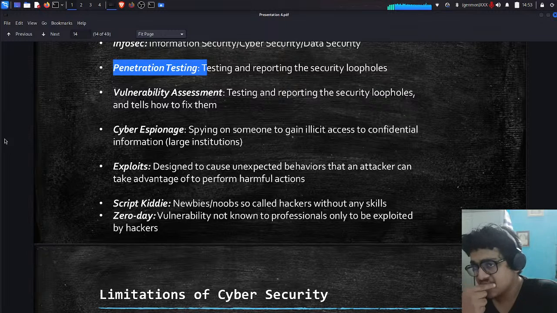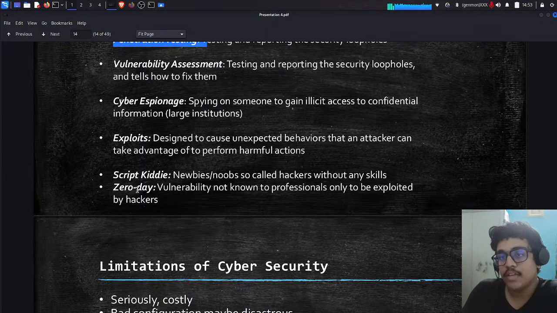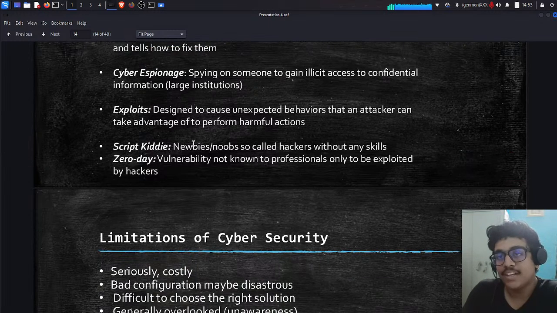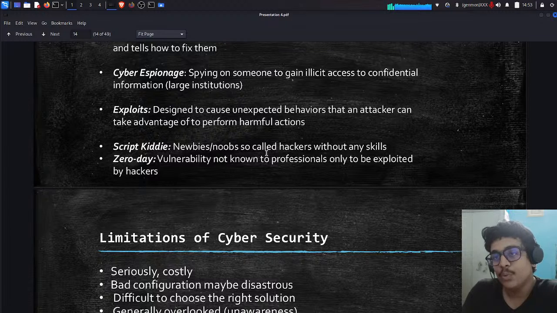These are known as exploits, and then we have script kiddies. Script kiddies are newbies who just see a video of how to hack a wi-fi or someone's Instagram ID, and perform some commands, although they don't know what they are exactly doing. So this is a script kiddie.